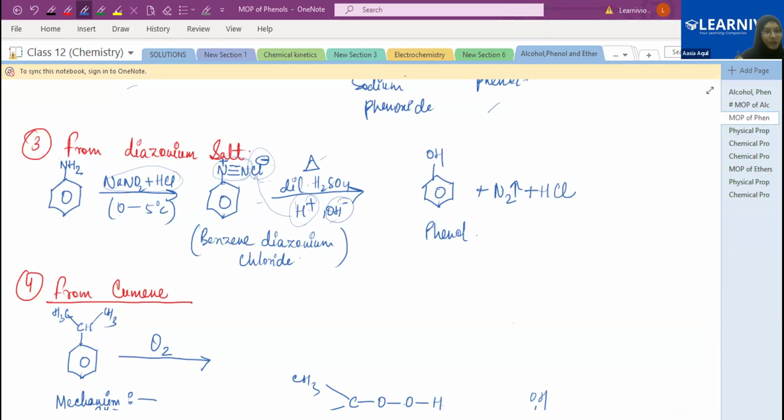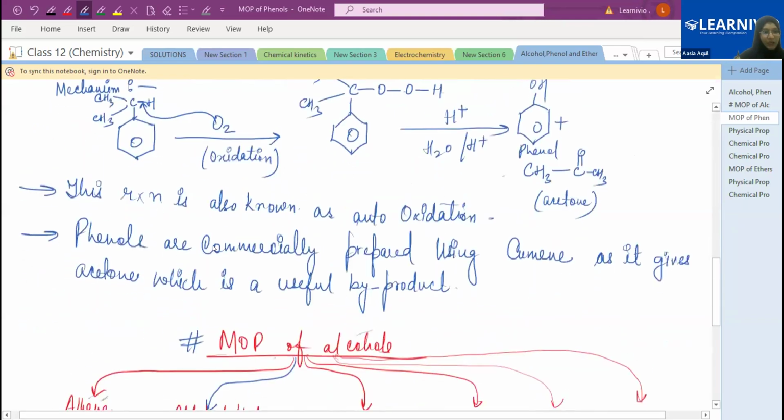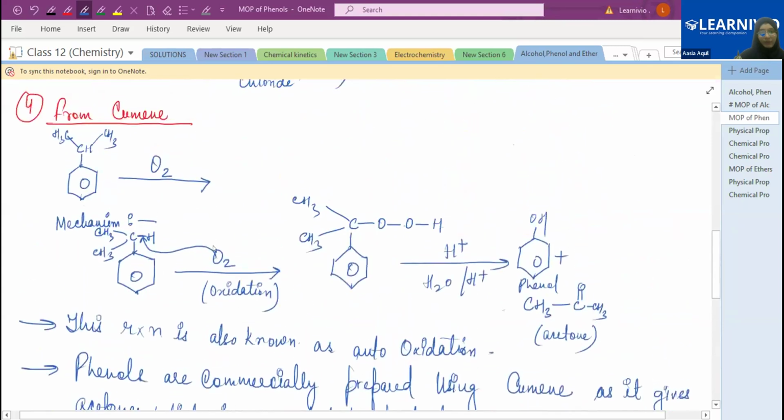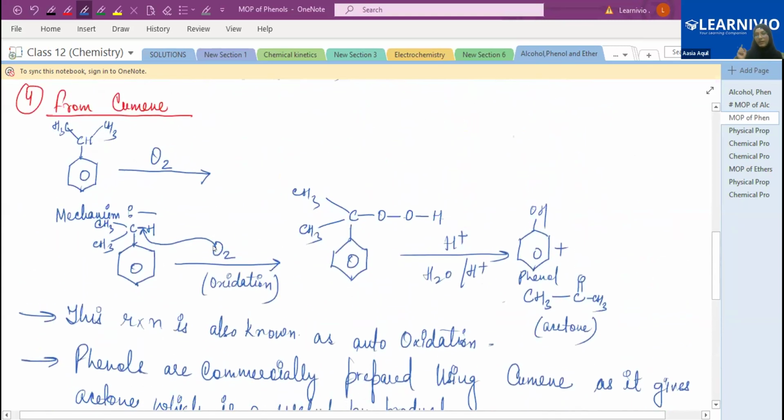Okay. Now see the next one. From cumene, how can we prepare the phenol? This is again very important. First let's understand what cumene is. Cumene is a benzene with an isopropyl group attached: CH with two methyl groups, CH3, CH.